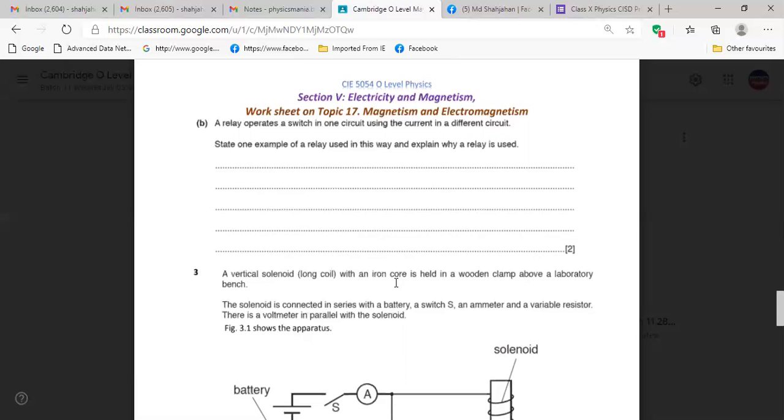We also use a relay to operate a nuclear power station. And why are we using that? So that we can avoid radioactivity, right? Yes. We can control it from far away.